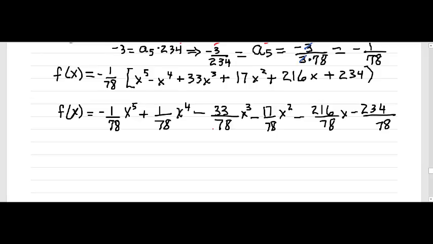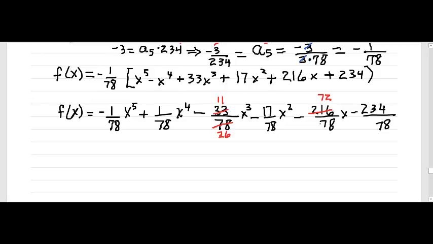So the first two terms are going to remain as is, but 33 and 78 can both be divided by 3. So when I divide 33 by 3, I get 11. When I divide 78 by 3, I get 26. So I'm going to be able to reduce that.